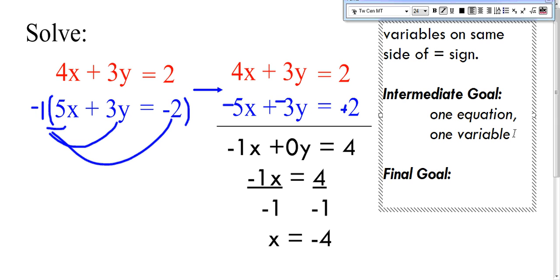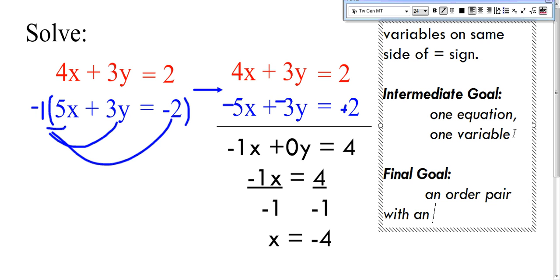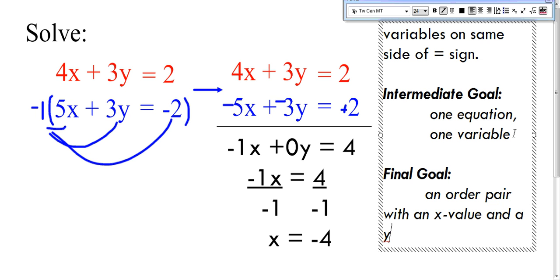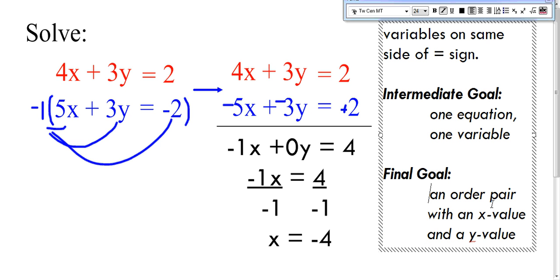We need an ordered pair with an x value and a y value. Yeah, let's do this. All right. I mean, that's the end of the day, what we really want.